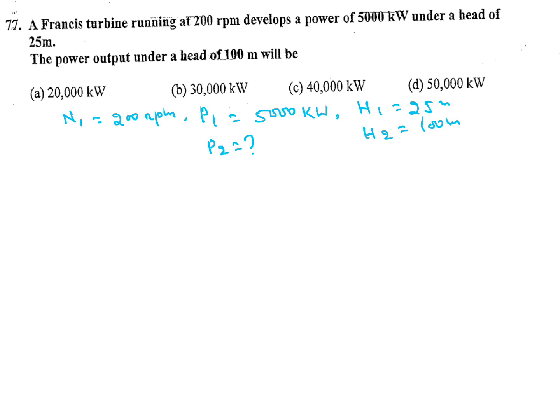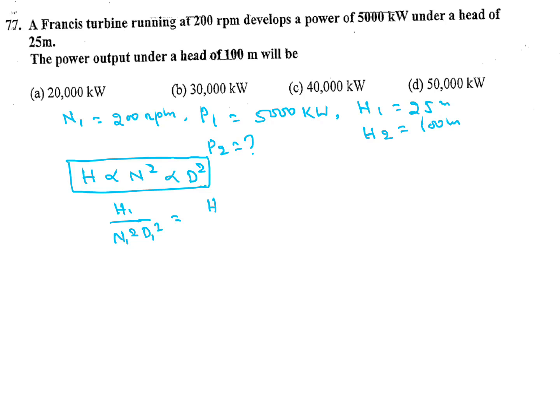We know head is proportional to N square D square. This relation we will use here. H1 by N1 square D1 square equals H2 by N2 square D2 square. D2 is the same, so cancel. Then N2 square equals H2 by H1 into N1 square.